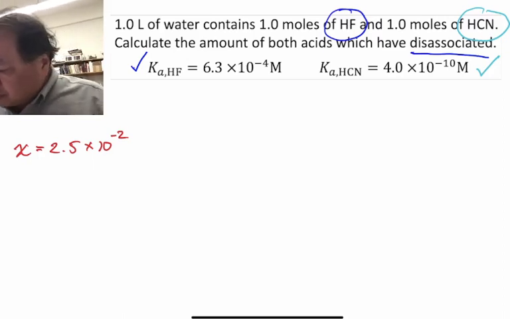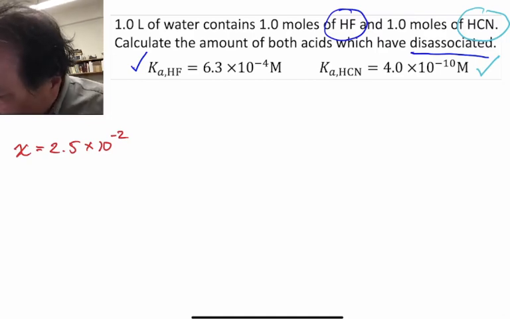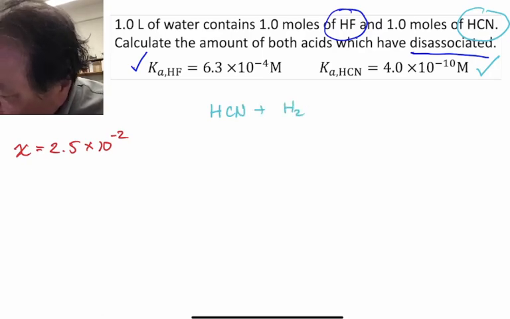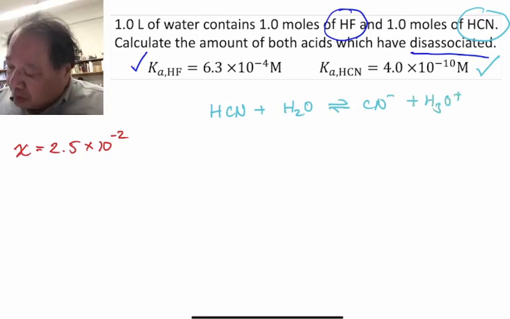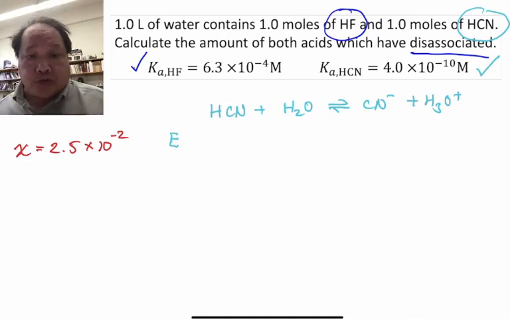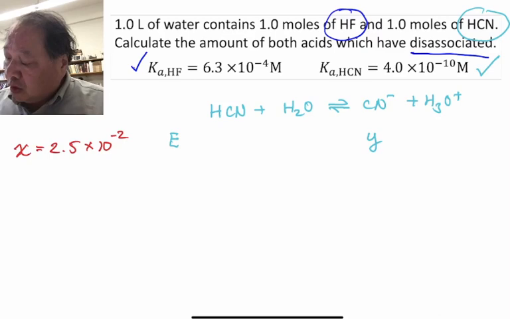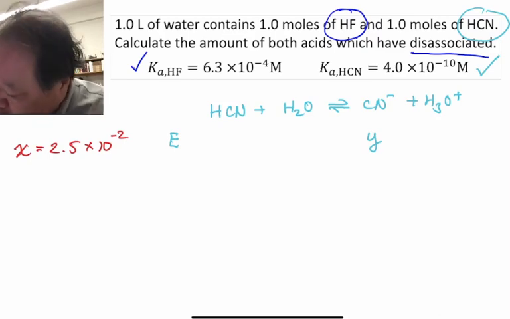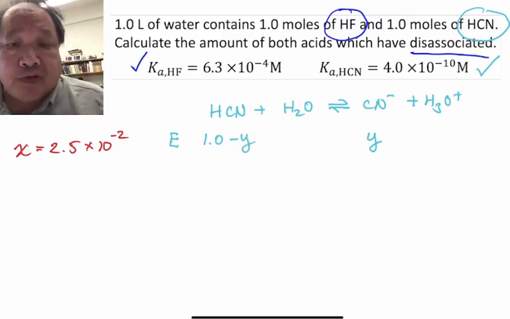And so we'll start with the reaction, HCN plus H2O going to CN minus plus H3O plus. This time we're going to go again to the E line, and we're going to use the variable Y for the amount dissociated. The HCN was 1 mole of HCN in 1 liter of water, so it was 1.0 molar initially, minus Y. And the difference now is the amount of H3O plus.